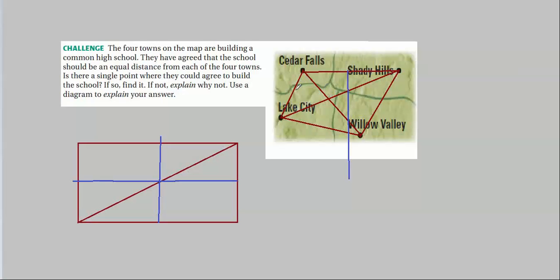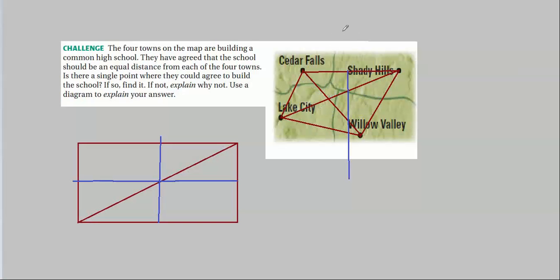I really don't see a way to find a point that's equidistant, at least not inside here. On the outside, well, I don't see how that would work, because whatever it is from here to here, it's going to be farther from here to here, isn't it? We don't have enough of a spread.